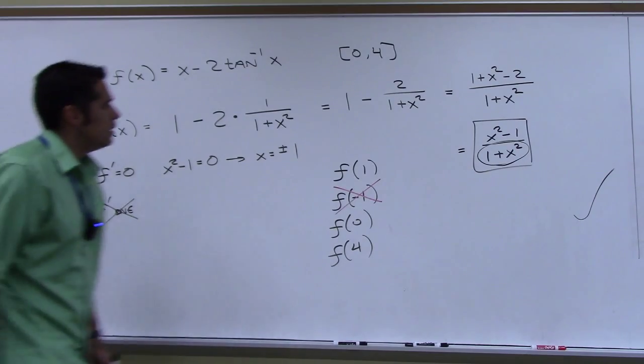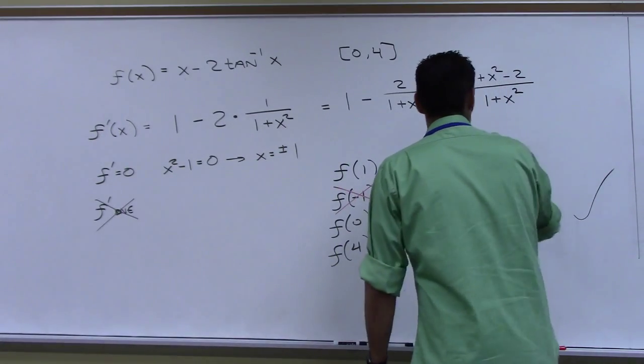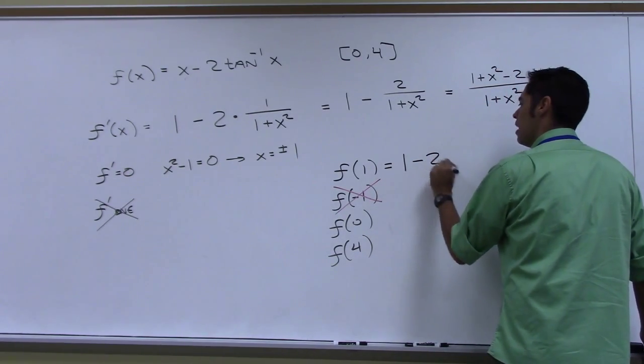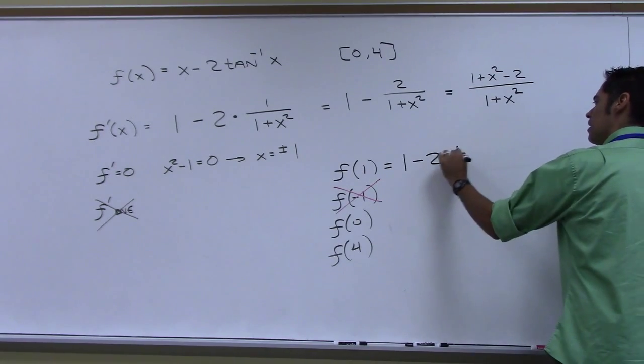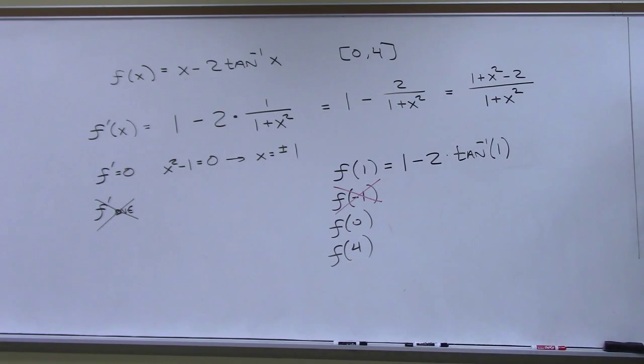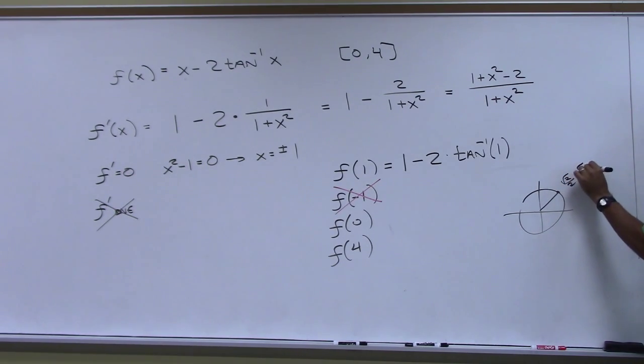All right, let's plug in 1. Uh-oh, we have to do arctangent of numbers? Okay, f of 1 is 1 minus 2 times, what's arctangent of 1? It's the angle where, when you take the tangent of that angle, you get 1. Pi over 4. It's where you get root 2 over 2, root 2 over 2.